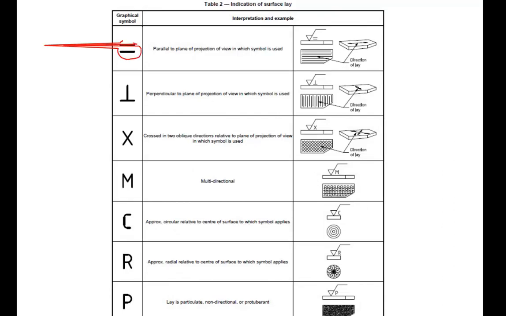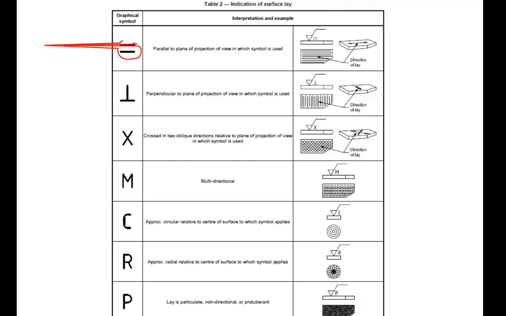It is to say that the lay direction is parallel to the frontal picture plane. This implies that during the material cutting process, the cutting tool is to move in the direction parallel to the frontal side of the body. Okay, move the cutting tool from left to right or right to left.